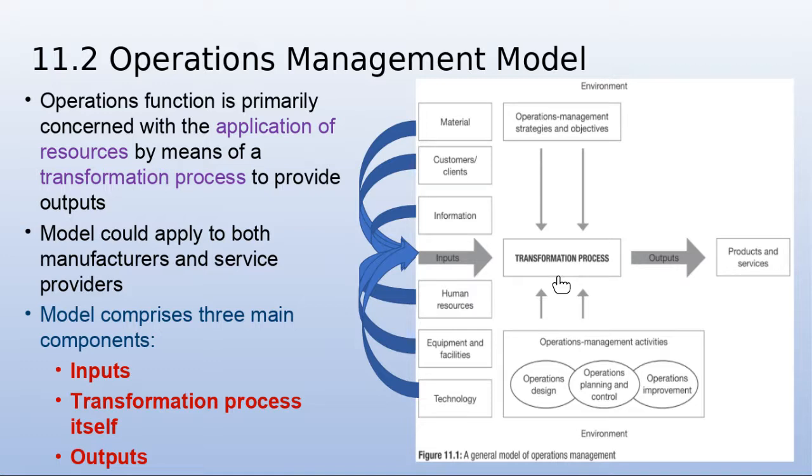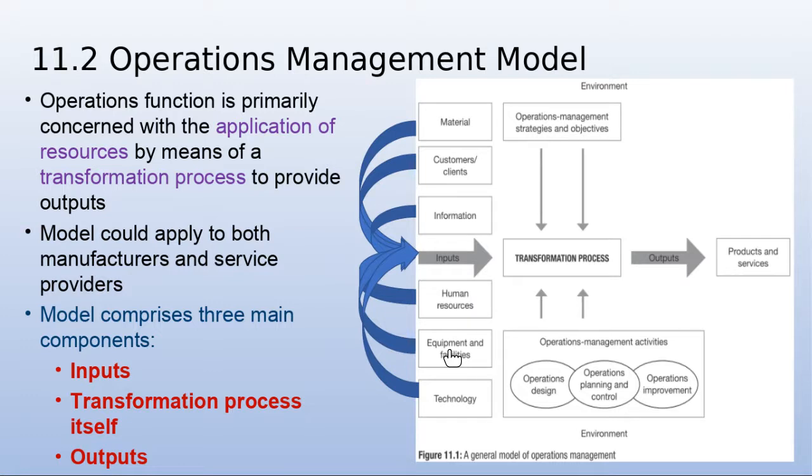Remember, the operations function is primarily concerned with the application of the resources, where we take our resources, we take what we have, the material, customers, information, HR, the equipment, we transform them into a finished product. Although we predominantly, and I said this in first semester as well, only focus on products, the operations management model can also work for services. And we are also going to look at the service side as well.